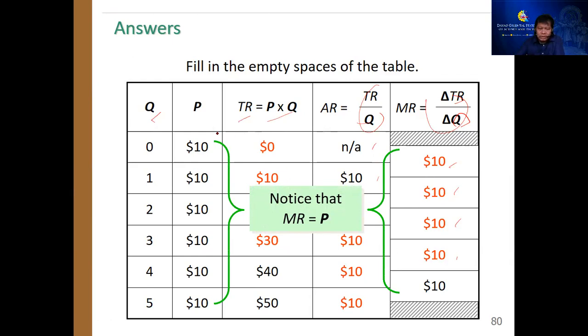Because this satisfies the assumption that in a competitive firm, the price is equal to the marginal revenue. It means that the addition to your revenue from each additional unit sold is the price of one unit sold. So that is what it means.